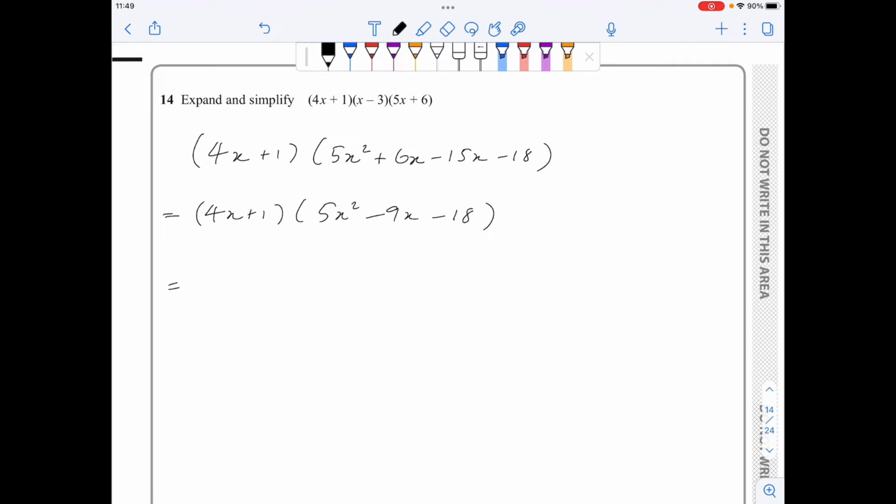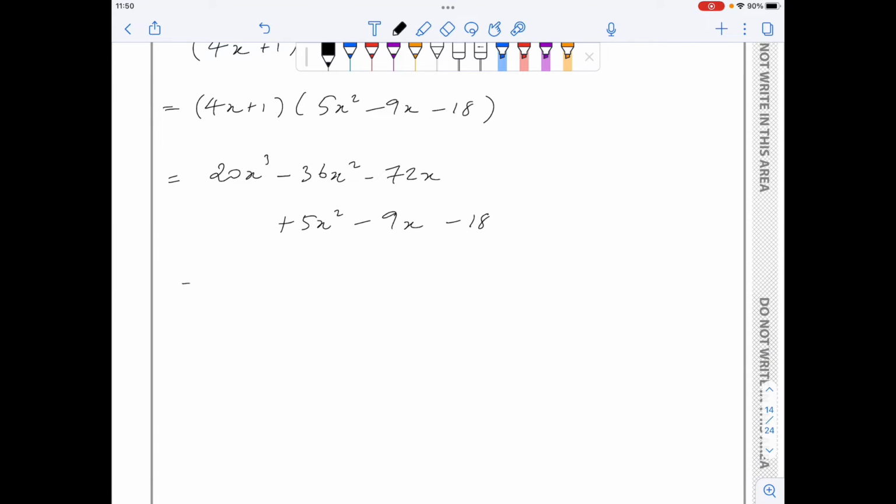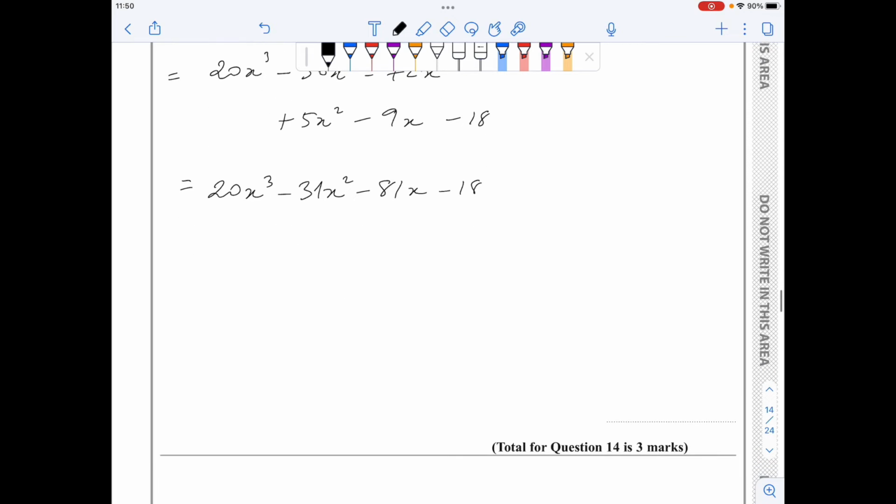And now let's expand: 20x to the power of 3 minus 36x squared minus 72x plus 5x squared minus 9x minus 18. And if I simplify, I will get 20x cubed minus 31x squared minus 81x minus 18, which is my final answer.